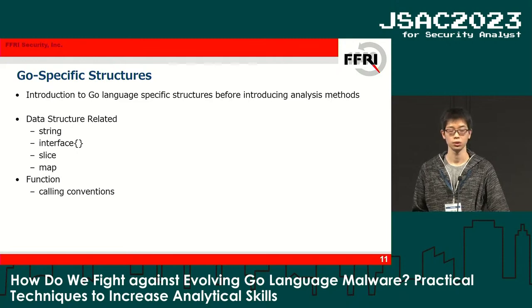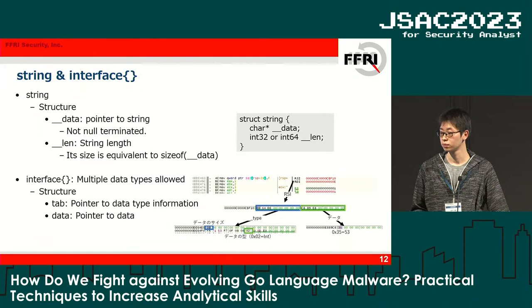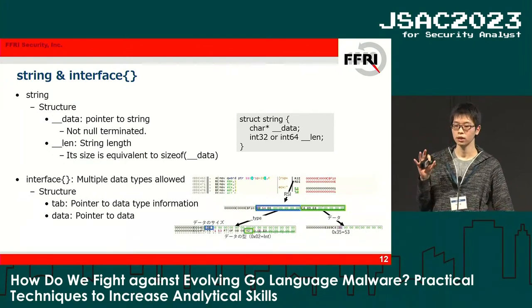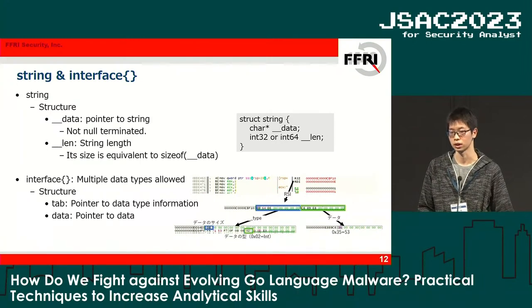Before talking about the analysis, I'd like to briefly talk about some code unique to Go malware: the string and interface. The Go string, unlike ordinary C, is not null terminated, but is a defined structure with two fields.